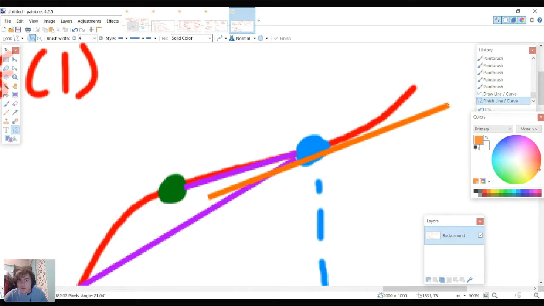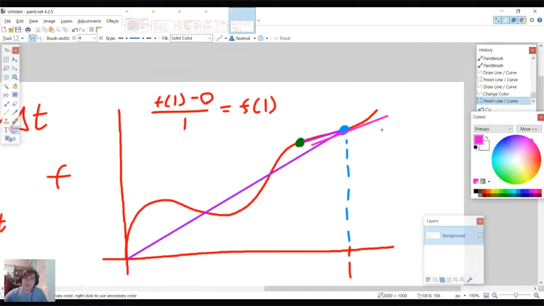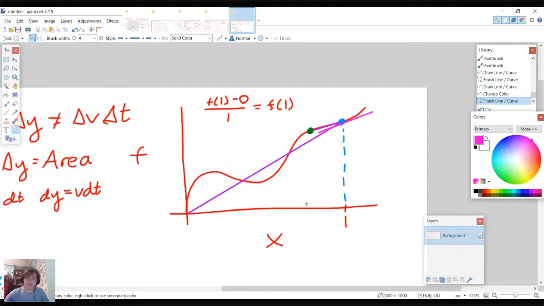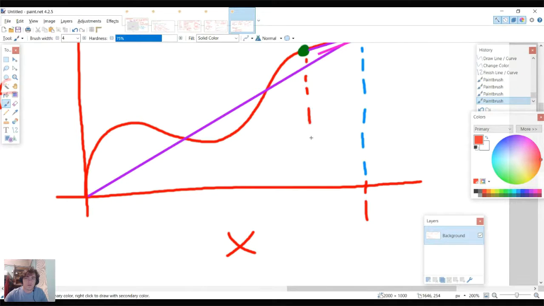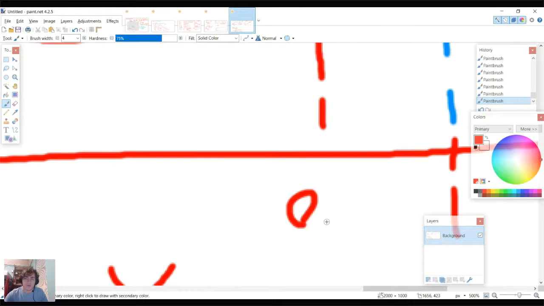And what you should notice is, make that pink, that the slope of the line tangent at that point is getting closer and closer to the average slope as you decrease that interval. First it was from 0 to 1. Now it's from, let's say, 0.8 to 1. Say this is 0.8.